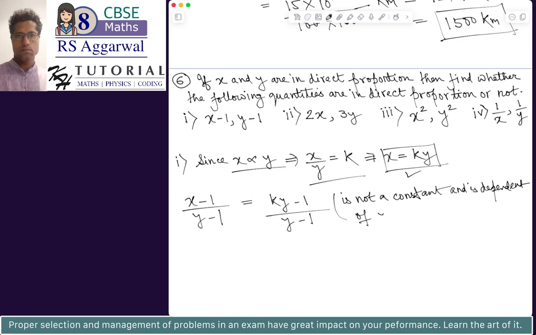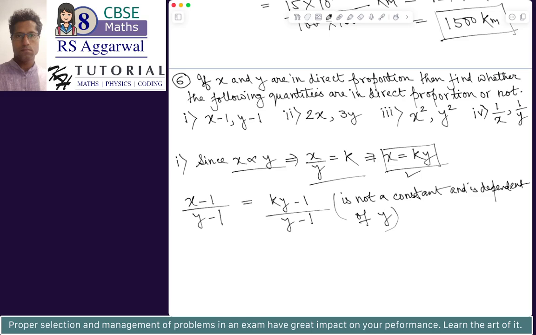As you can see, if the quantities x minus 1 and y minus 1 are in direct proportion, then we must have the ratio x minus 1 divided by y minus 1 be a constant. But we can see that x minus 1 divided by y minus 1 is coming to be ky minus 1 divided by y minus 1, which cannot be expressed as a constant.